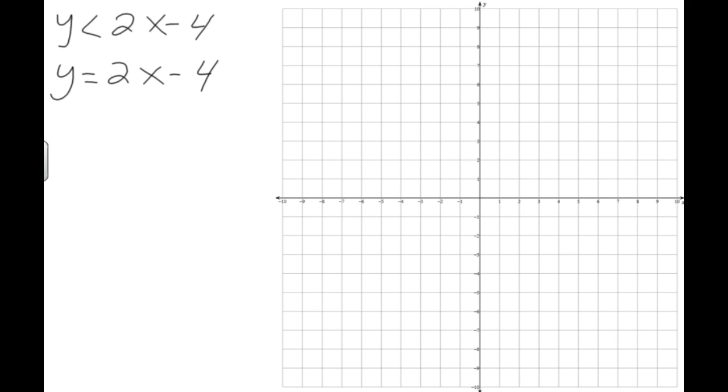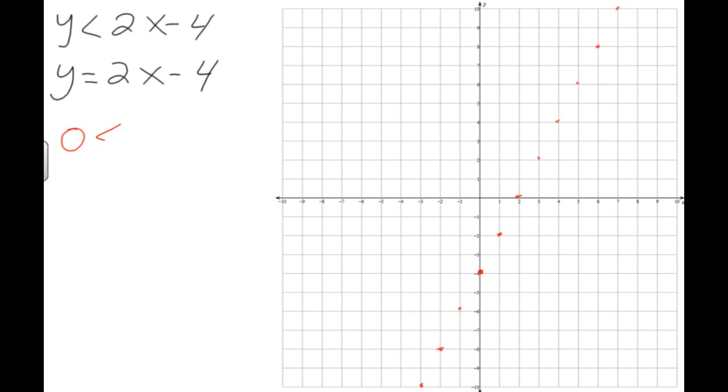Number 5. On this one, we have the intercept of a negative 4. My slope is 2, so I'm going to go up 2 over 1. Up 2 over 1. And again, I'm just going to use dots because it is strictly less than or greater than. Whoops, I almost made it in the wrong spot. All right, so there's roughly my border line. Do I graph 0, 0?